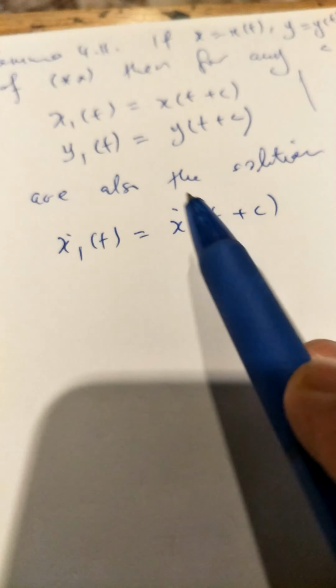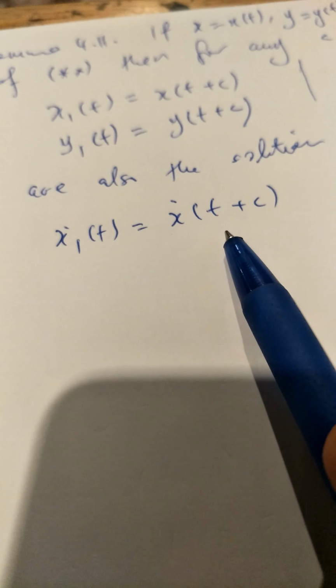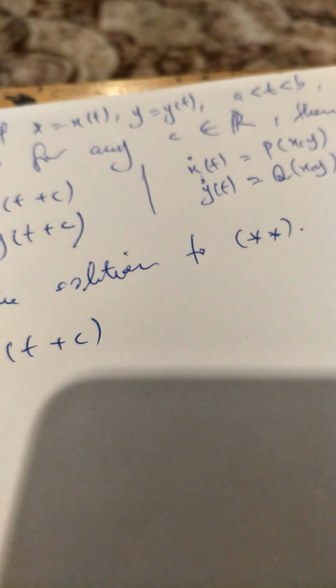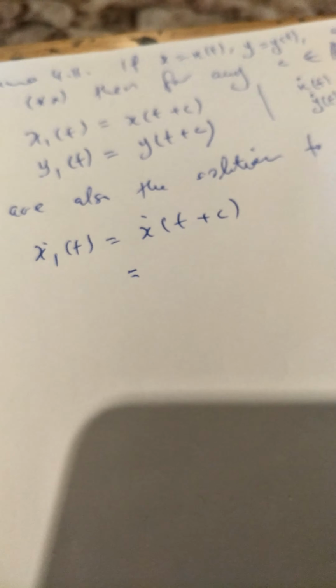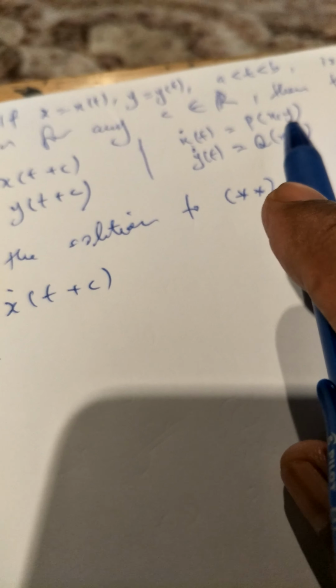If we differentiate x1 with respect to t, we have x dot(t plus c), and we can use that x dot is P(x,y), so we have P(x(t plus c), y(t plus c)).